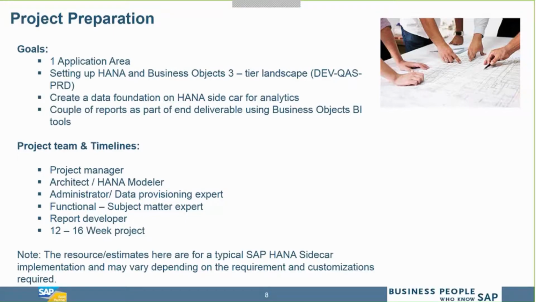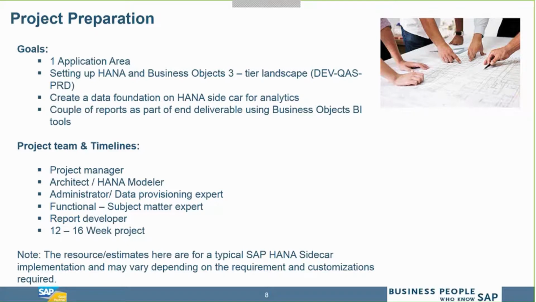The main goals of these projects are that we start with one application area. We set up both the HANA and the Business Objects 3-tier landscape, that is your dev, QA, and prod. The main purpose is to create a data foundation within the HANA sidecar for analytics.